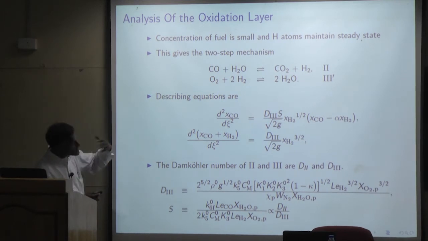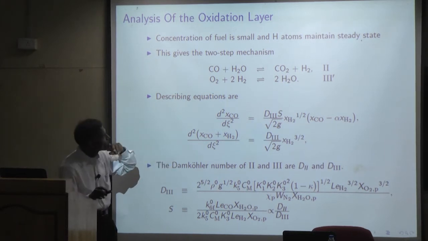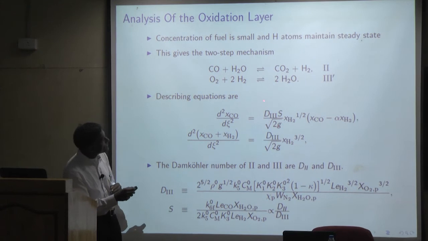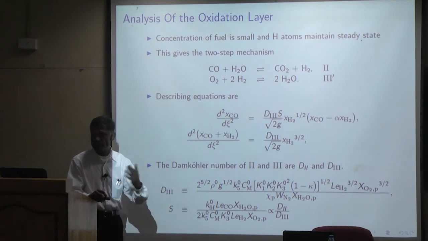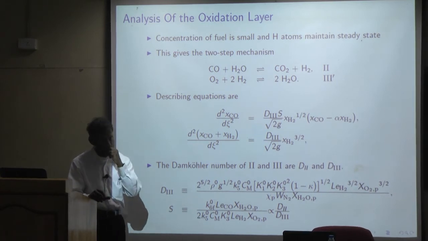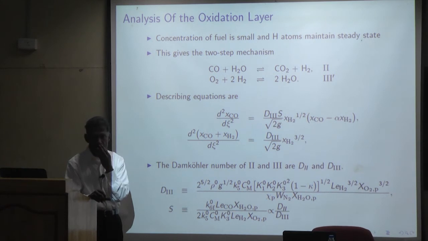In that case, there would be a further simplification depending on what limit one imposes for these two Damkohler numbers. But in this analysis, we found that D2 and D3 are of the same order, so those two limits are not applicable. The first equation is independent of D.